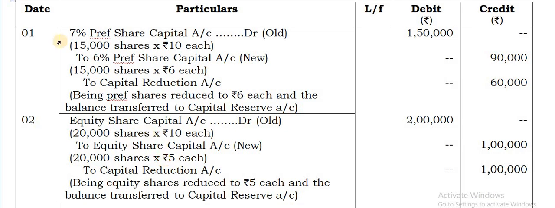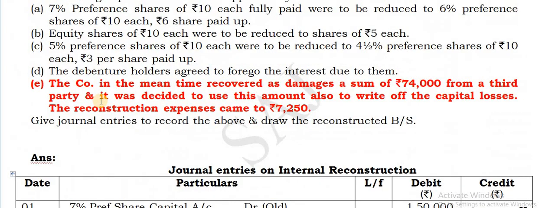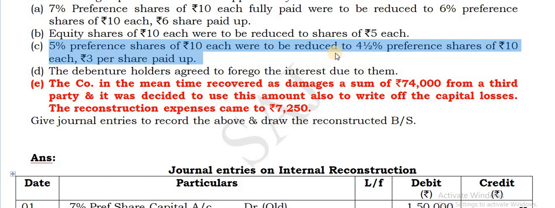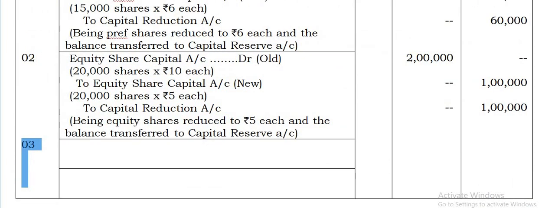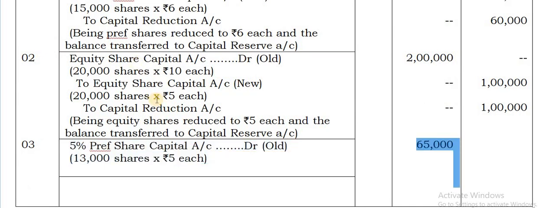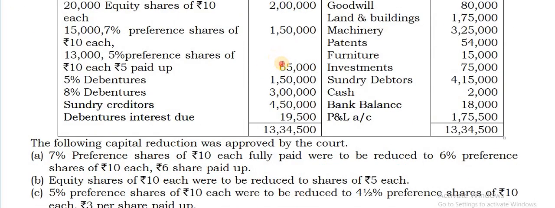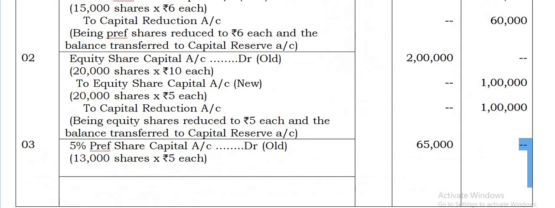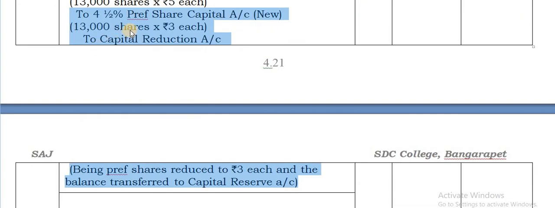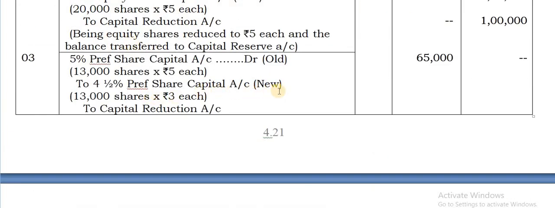Okay. And the next, coming to the third entry. 5% preference shares of rupees 10 each were to be reduced to 4.5%. So take up the old preference, you can take 5% preference share capital. So that is given here as 65,000. Give a credit to 4.5% preference share capital.